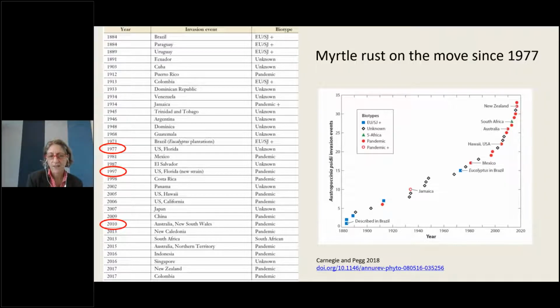South Africa seems to have another biotype, and I guess they're very worried about getting the pandemic strain as well. In Australia, 2010 saw the first detection of the pathogen, and by 2011 it was deemed ineradicable. And New Zealand, of course, it's well known that it arrived in 2017.